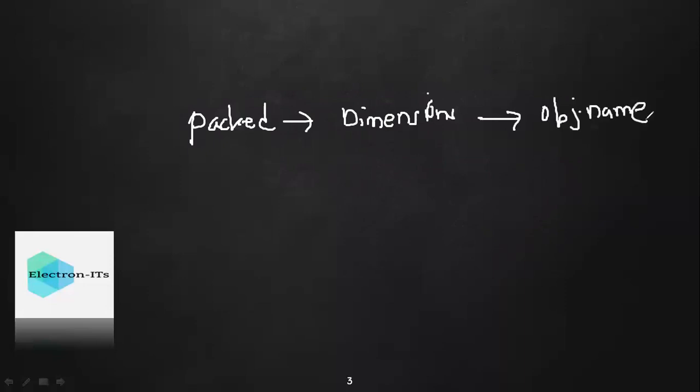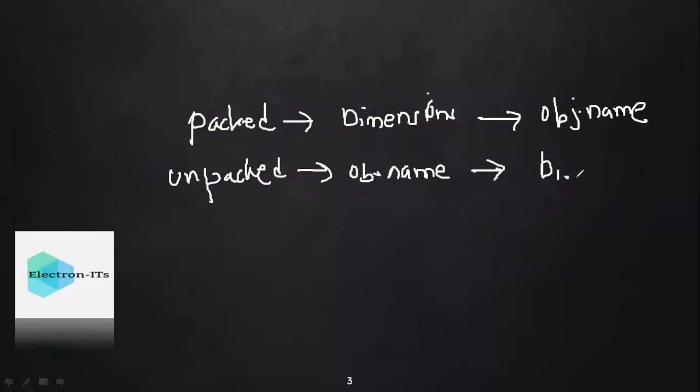In packed we declare the dimensions first, and after the dimensions we write the object name, while in the case of unpacked we write the object name first and then the dimensions.